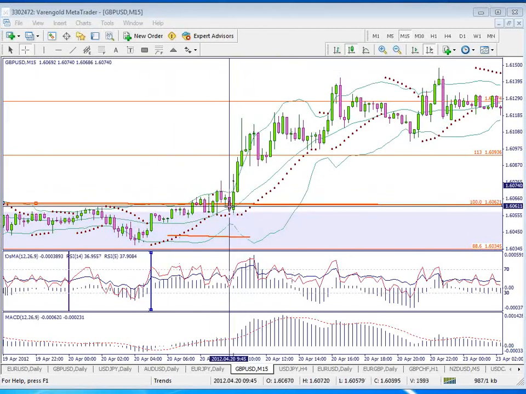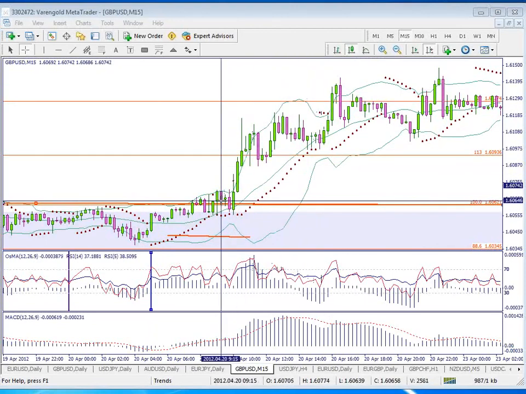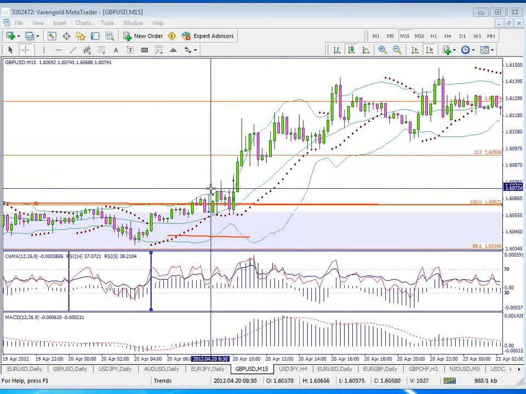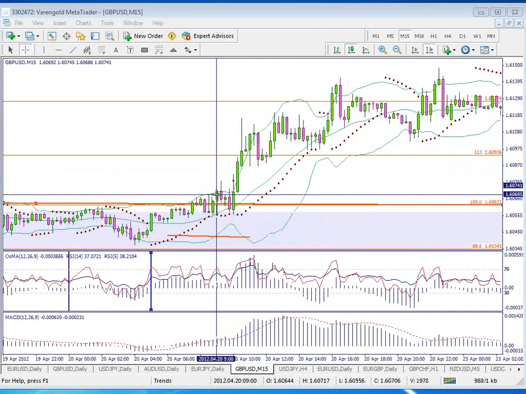But again, it depends on the time zone that you are in. If you can trade something like this, maybe when you are coming back from work, you can catch the London session and trade for 1 or 2 hours.